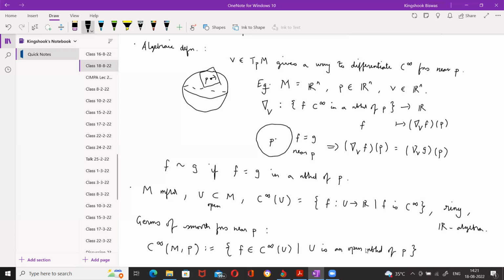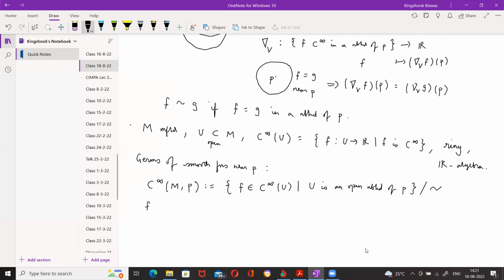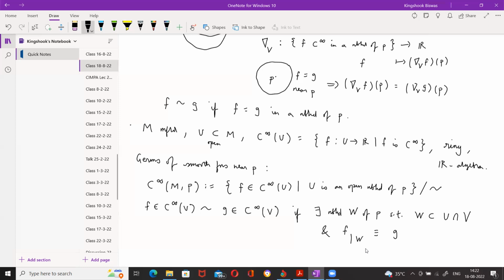I can take arbitrarily small neighborhoods of P, and then I quotient by the equivalence that F in C infinity(U) is equivalent to G in C infinity(V), where U and V are neighborhoods of P, if there exists a neighborhood W of P such that W is contained inside U intersect V, and F restricted to W is equal to G restricted to W.